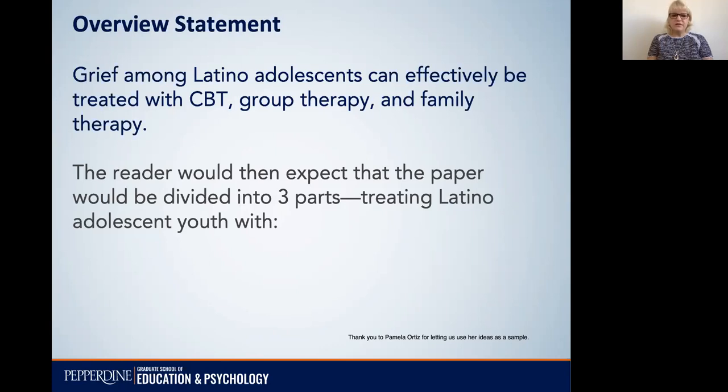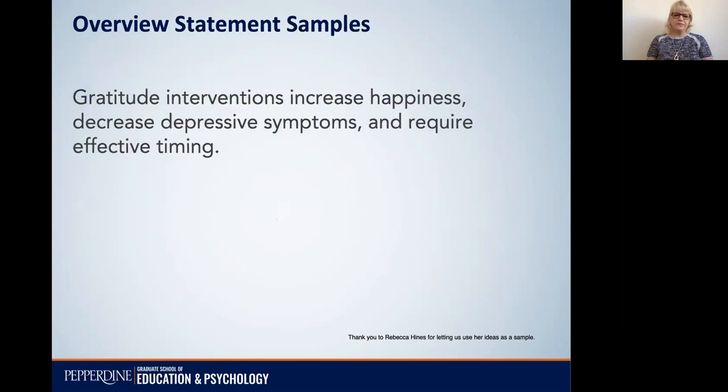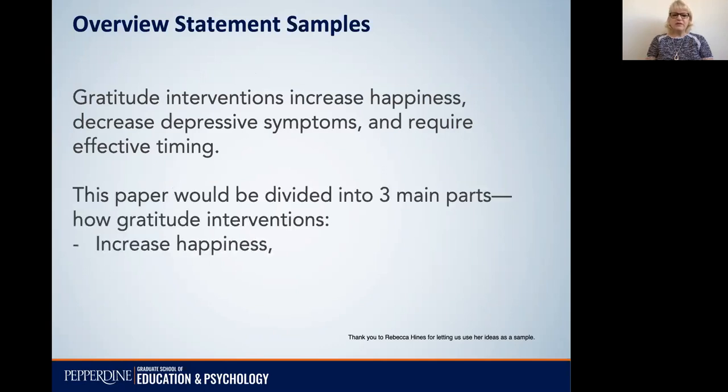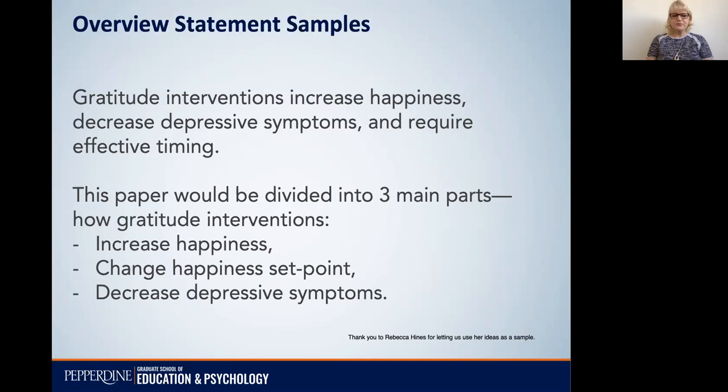Treating Latino adolescent youth with these 3 treatments: CBT, group therapy, and family therapy. And then here is an example from the gratitude paper. Gratitude interventions increase happiness, decrease depressive symptoms, and require effective timing. So depending on how you break those themes down, it could be slightly different.